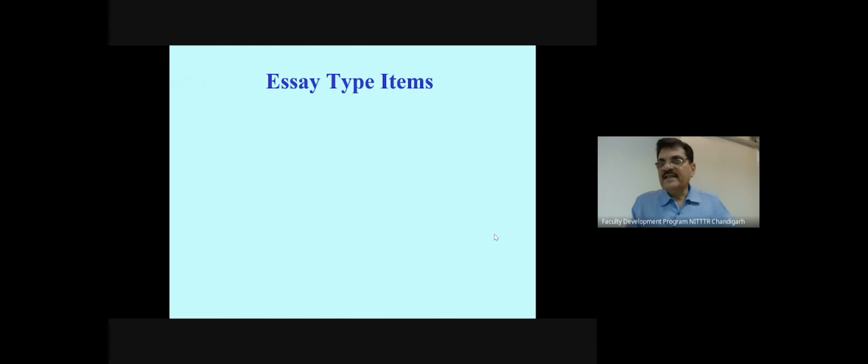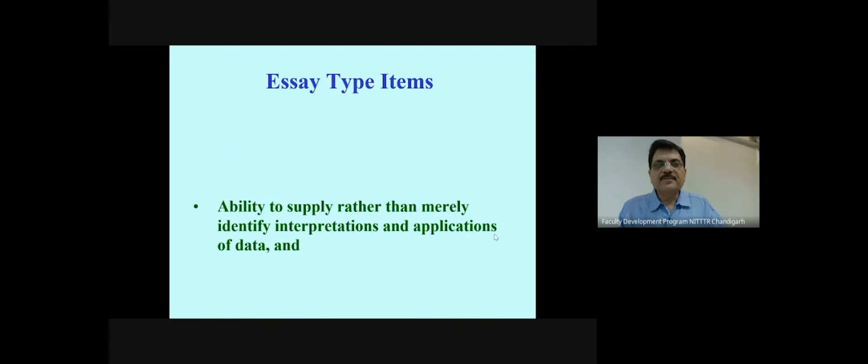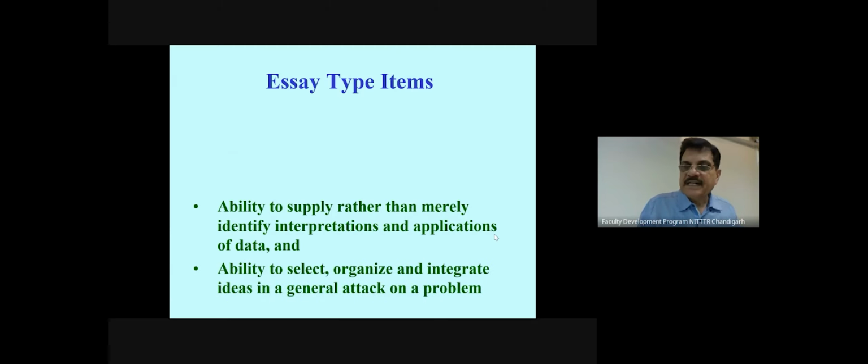Now moving to essay type items. Essay type items are used to measure 2 kinds of students' abilities. One is the students' ability to supply rather than merely identify interpretation and application of data. And second is the ability to select, organize, and integrate ideas in a general attack on a problem.